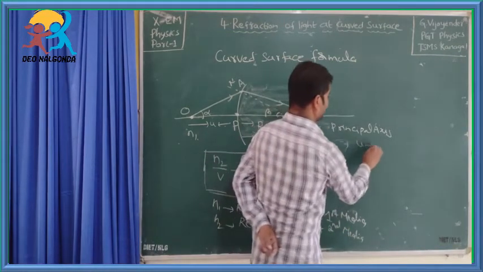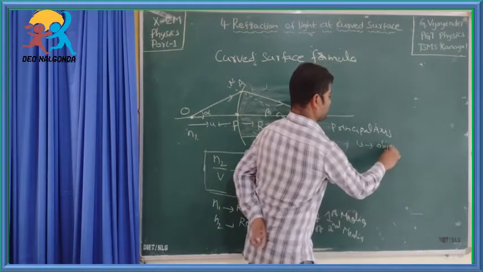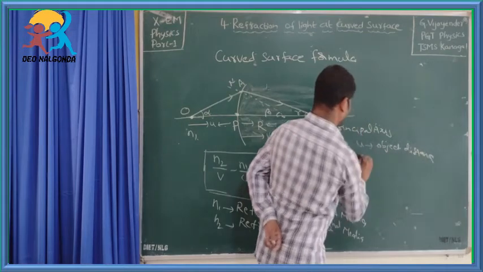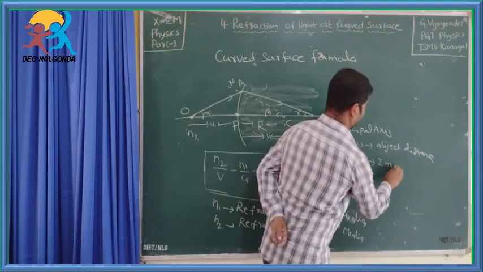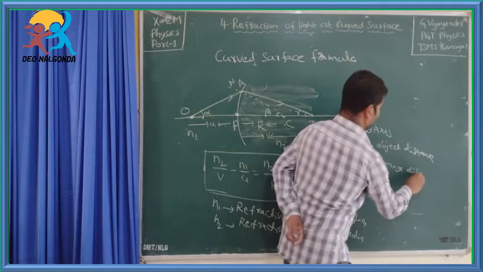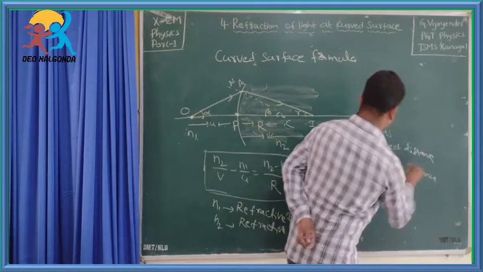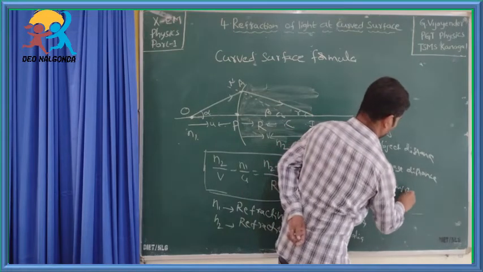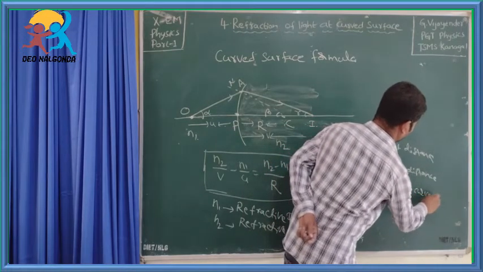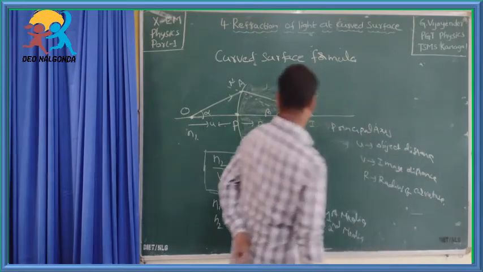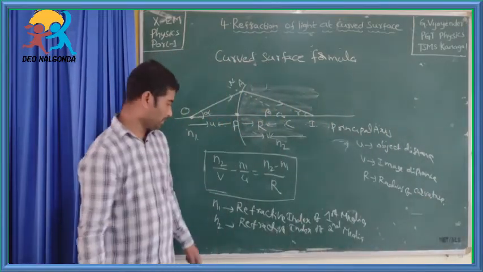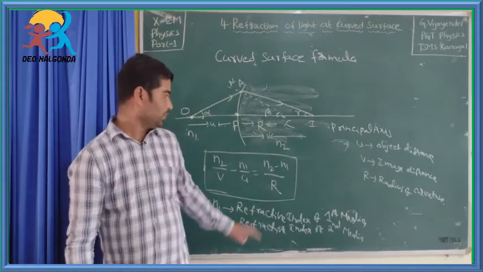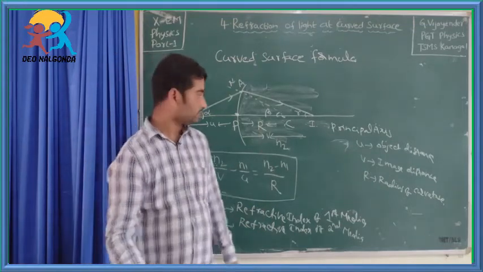Here u is object distance, v is image distance, and r is the radius of curvature. This is the curved surface formula: n2 by v minus n1 by u is equal to n2 minus n1 by r.